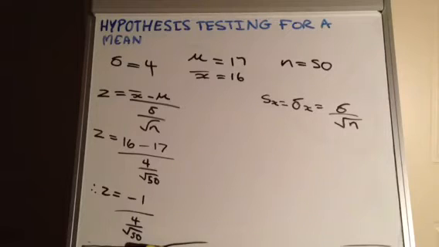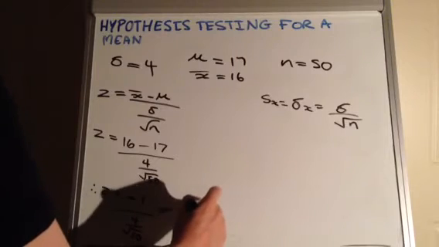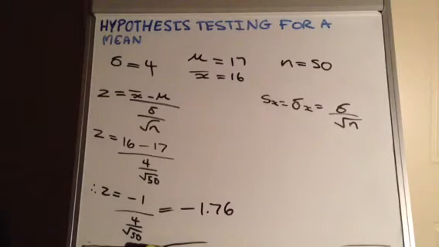Then you go -1, then you use the arrow to go down to the bottom, and you press alpha stat y equals, and again you go down to 2, and then you have 4 over square root of 50, and you get -1.76. So we calculated the test statistic, which is good.